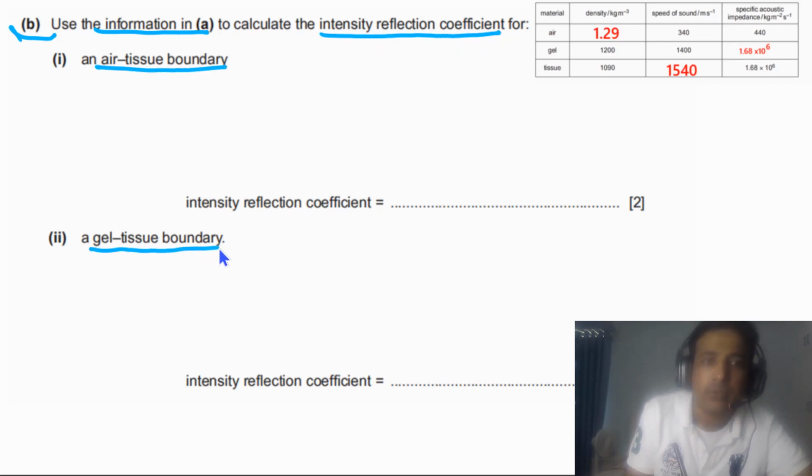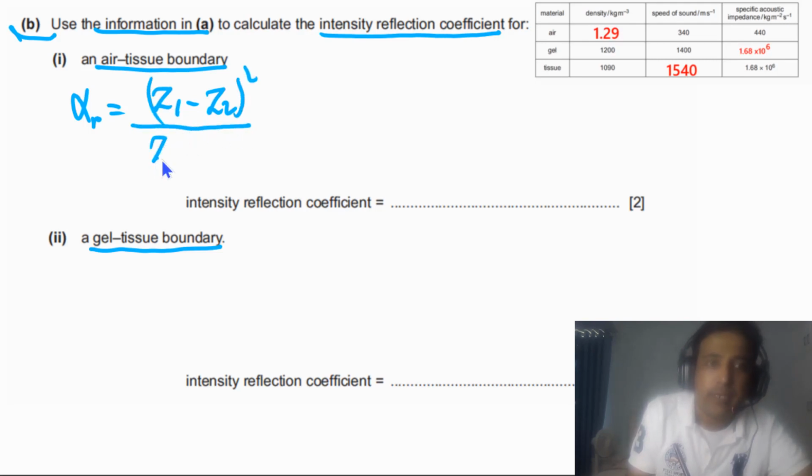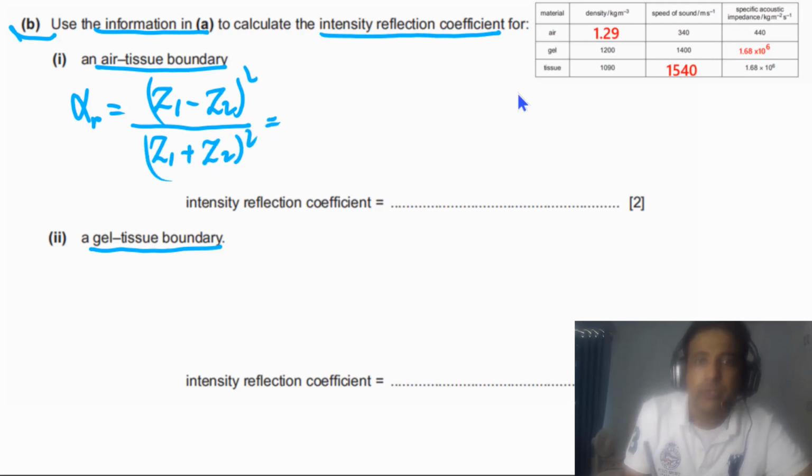For air tissue boundary, we can use alpha sub r. It means we are talking about intensity reflection coefficient. This is equal to (Z1 minus Z2) squared, where Z is representing acoustic impedance, divided by (Z1 plus Z2) squared. So we are talking about air and we are talking about tissue.